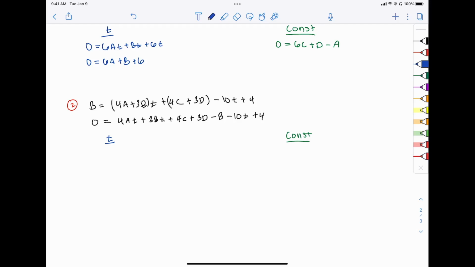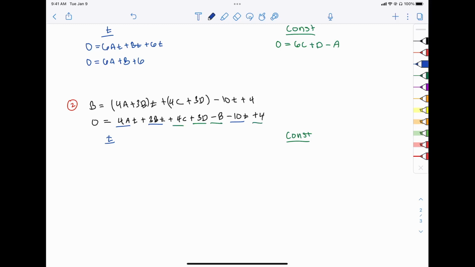if we look at our t's, remember everything is going to equal 0. That's why, me personally, if I can, I like to make everything equal to 0. It's just easier on the algebra, in my opinion. So where are our t's? Well, we have 4at, 3bt, and negative 10t. Then let's underline our constants. We have 4c, 3d, negative b, and plus 4.